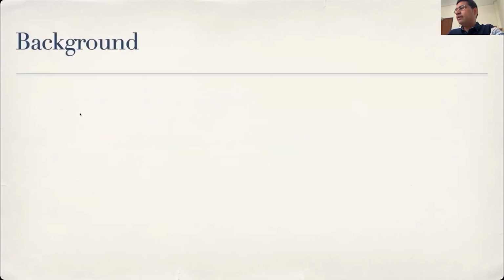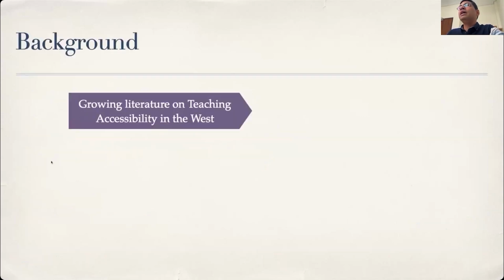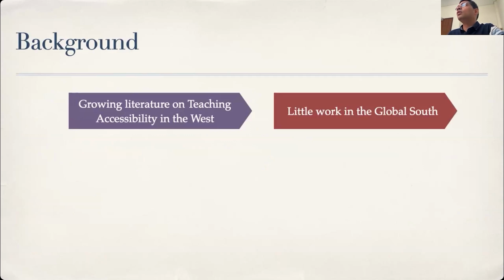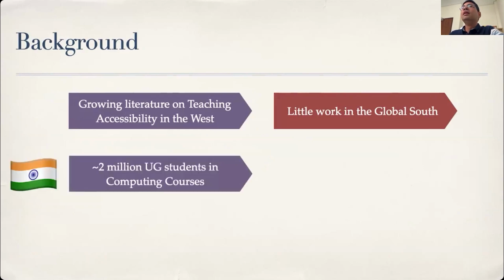A little bit of background. We have growing literature on teaching accessibility, mainly in the West, Europe, UK, etc. But very little work in the global South. And since I am in India and there are some other demographic factors, we were interested particularly in exploring this region as well.